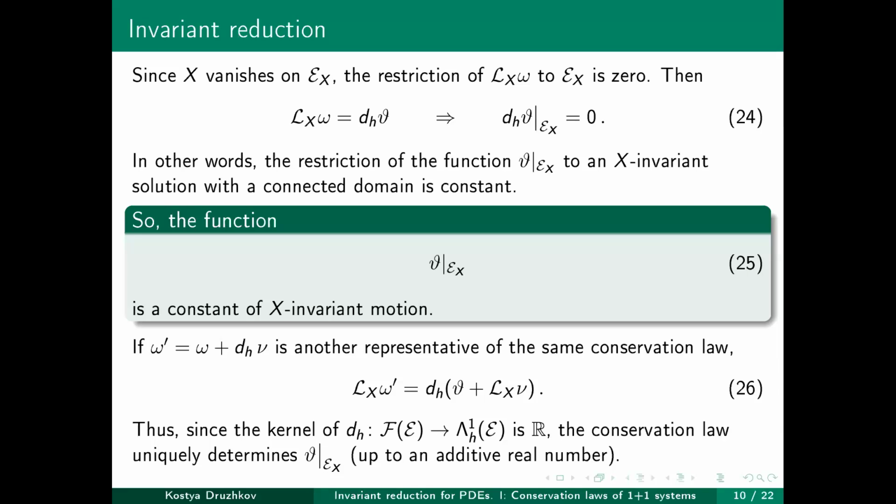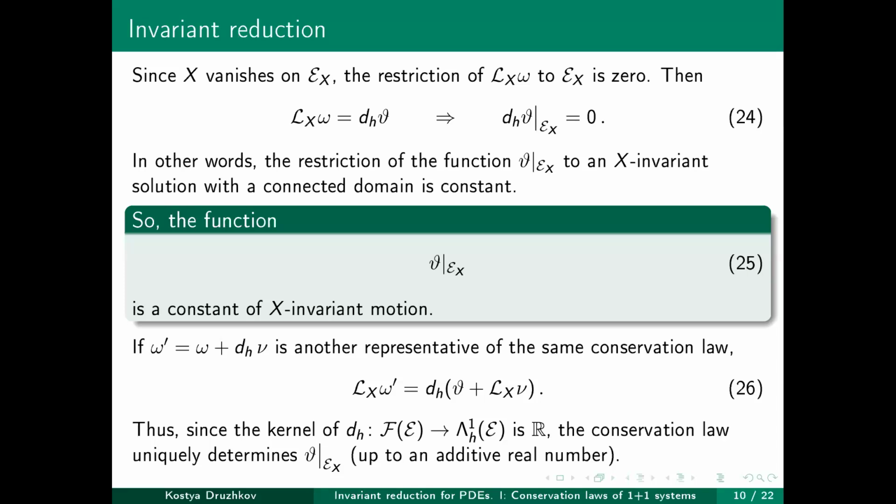Let me note that epsilon X is not an ODE. We still have two independent variables on epsilon X, right? So we don't reduce the number of independent variables. It's not like the reduction in the classical group analysis sense, I would say. The reduction is in more or less the same sense, but we don't reduce the number of independent variables in this case. So we don't have an ODE. Epsilon X is not an ODE.